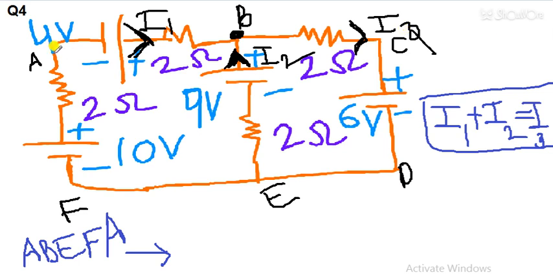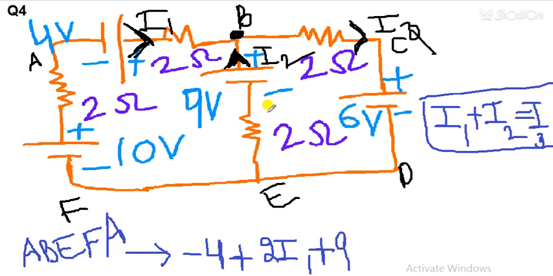I will start from point A. The battery goes from negative to positive, so the voltage will be minus 4. Now we are going in the direction of current, so plus 2I1, because the resistance is 2 ohm. Then moving in this direction, the battery goes from positive to negative, and the battery voltage is 9, so here plus 9.